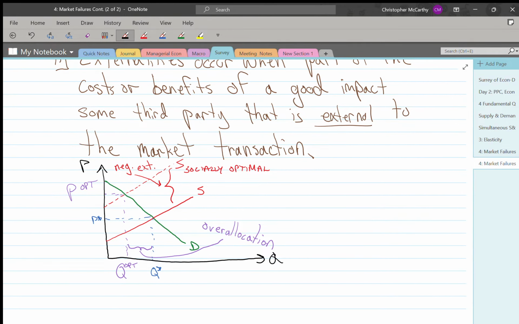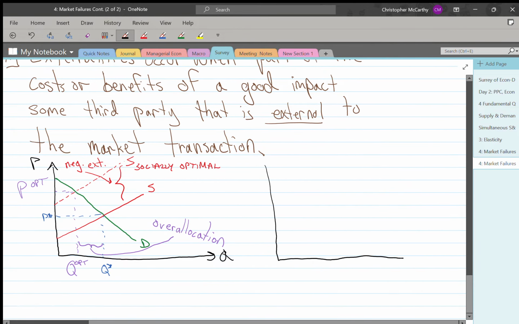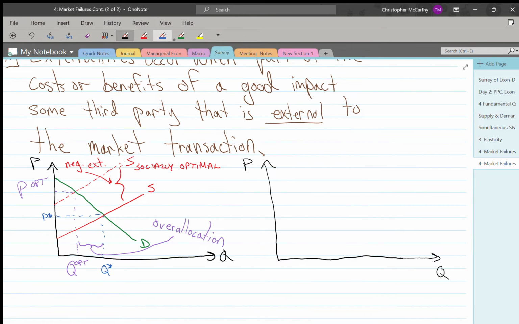All right. We also have the corresponding graph for positive externalities.